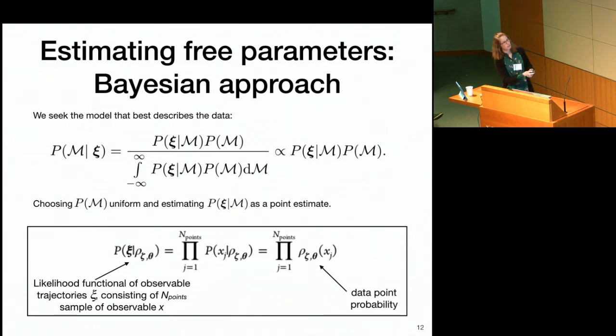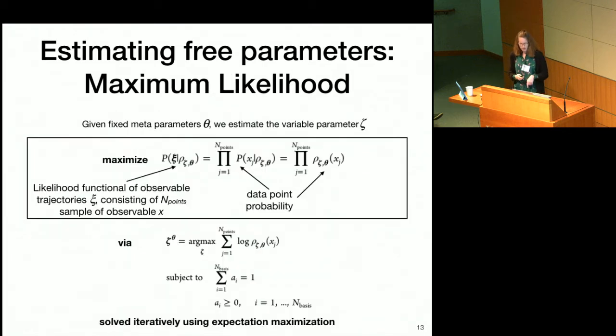And we assume that all the points in the trajectories are independent, which is a strong assumption, but it is also present in histogramming, and we take care of taking independent samples in our simulations by decorrelating the samples we use. To do this, we use maximum likelihood. We maximize this likelihood functional: for fixed meta parameters, we estimate the variable parameters, which are mostly the amplitudes, subject to normalization and positivity. And we solve this iteratively using expectation maximization.